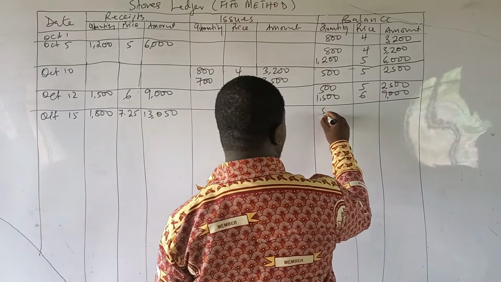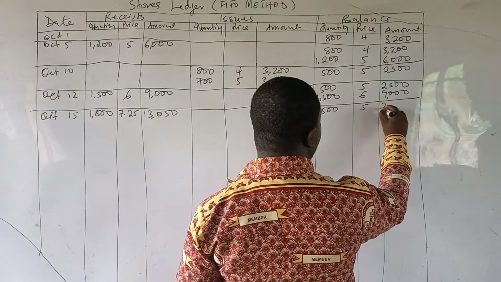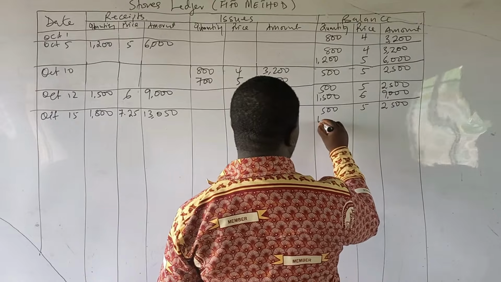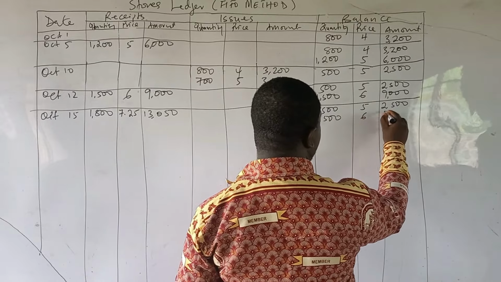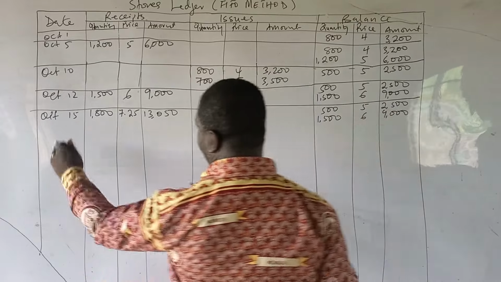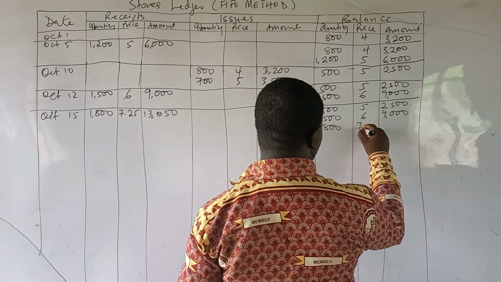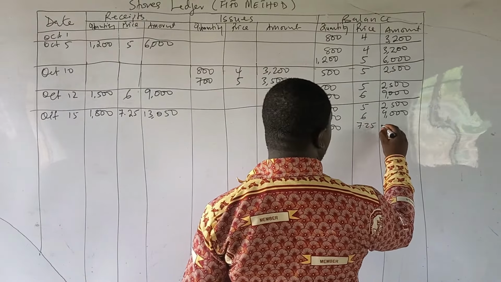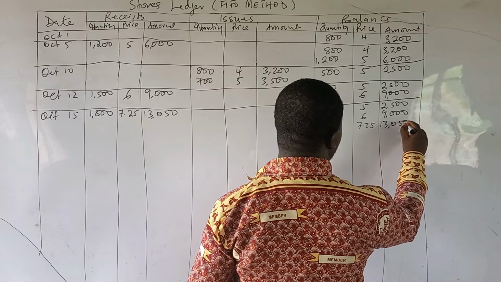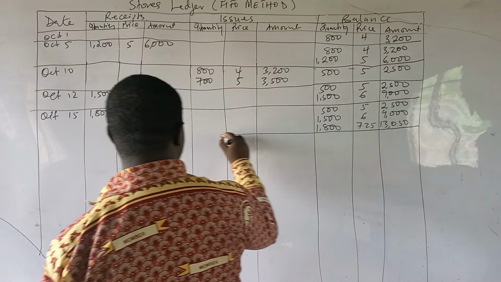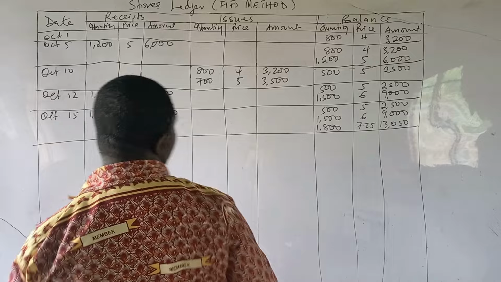So it's going to be 500 at 5 for 2,500. Then 1,500 at 6 for 9,000. And then finally we can bring in 1,800 at 7.25 for a total of 13,050. Then we can underline this peacefully to say we are done with that transaction.